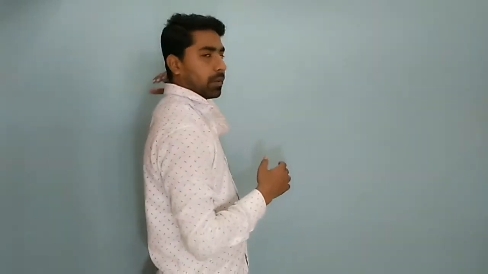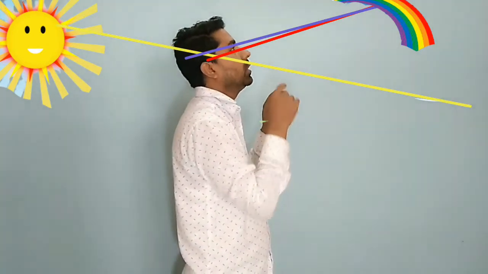Suppose the light is coming from the sun, and I am the observer watching the rainbow. When I see this rainbow, at my eye the red color will subtend 43 degrees and violet color will subtend 41 degrees. So it is all about 41 degrees to 43 degrees for the whole spectrum.